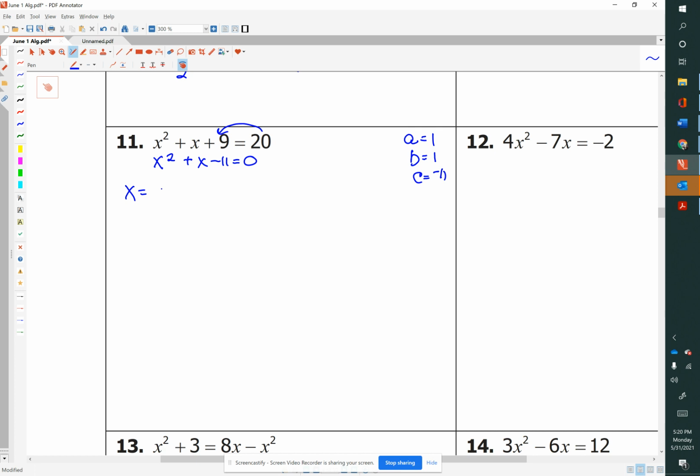We will have -1 plus or minus a nice long radical. So -1, or sorry, not -1, that's a +1. 1 squared minus 4 times 1 times -11. All of that over 2 times 1.